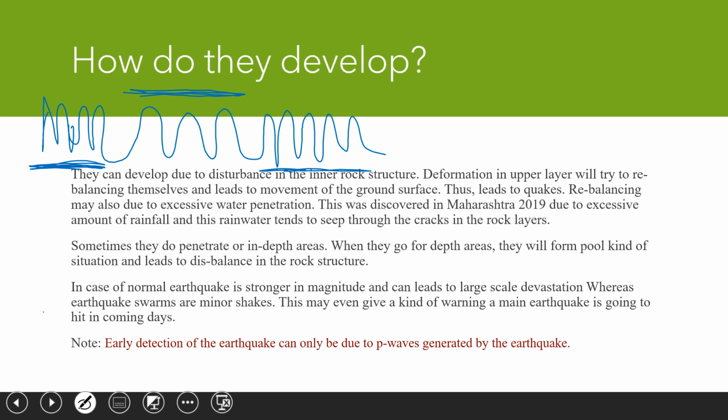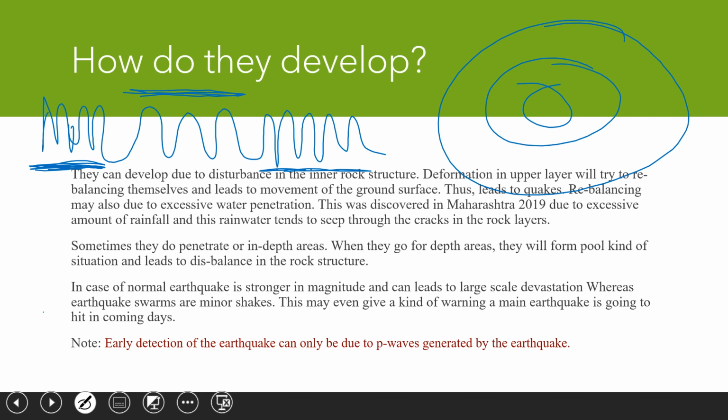So these P waves vibrate along the direction of the propagation of the wave, parallel to the wave, so the particle movement happens along it. High frequency, shorter wavelength, and they travel through both solid and liquid. The main thing to note, which we will study in the earthquake lecture, is that we have a mantle, crust and core.